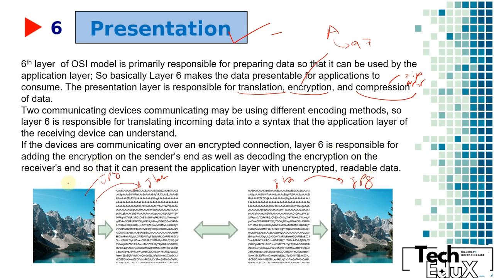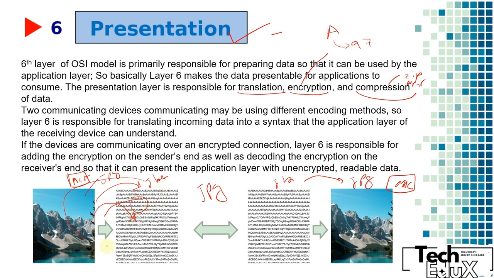Let's suppose this was Microsoft Windows and this is a Mac operating system. These both should know or understand the idea of JPEG format, JPG format. Let's take this example: if my Microsoft computer knows what JPEG format is, it can translate this gibberish into JPEG and JPEG into gibberish.